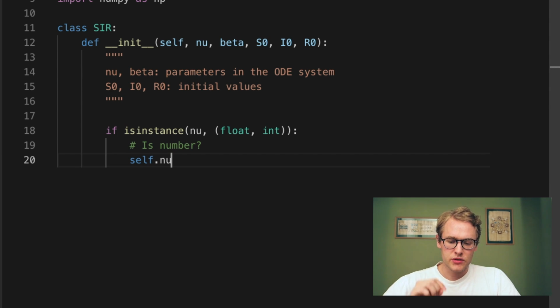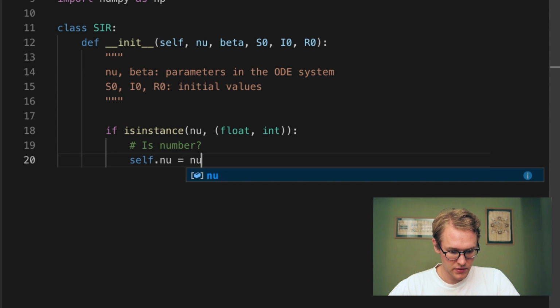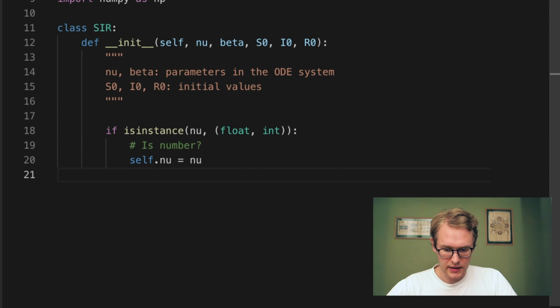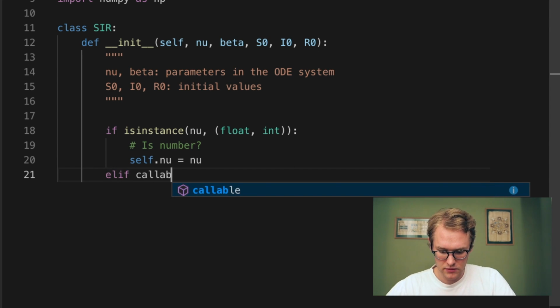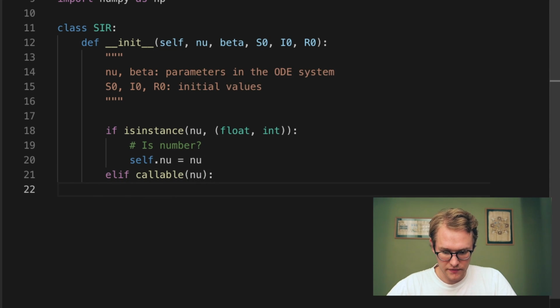But in order to make these callable in time, I think we cannot just set them equal like so, because if we want to evaluate them at some time point, if they were callables, okay, so this is what I'm thinking. Else if callable nu, then it's some sort of function, right? But here you see that that line and this line is exactly the same.